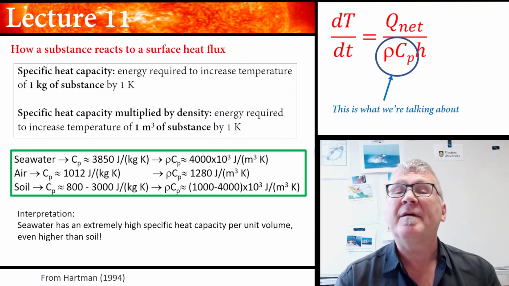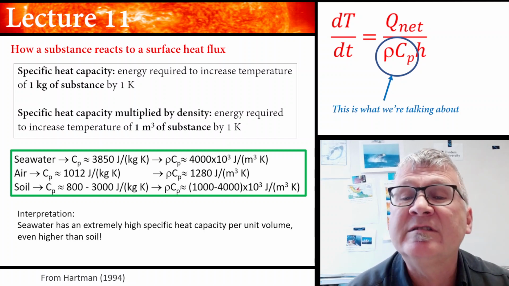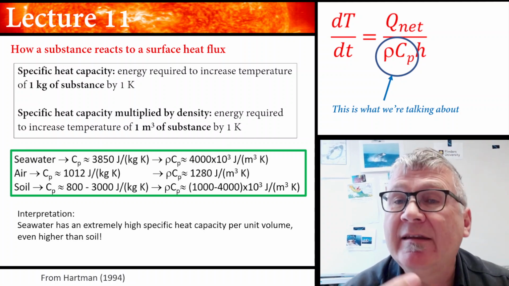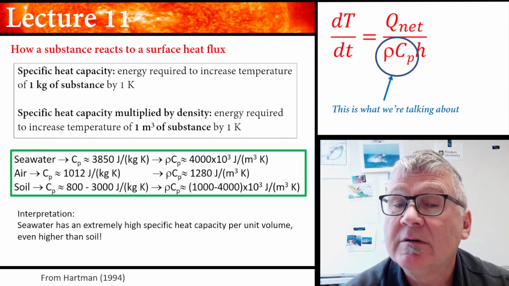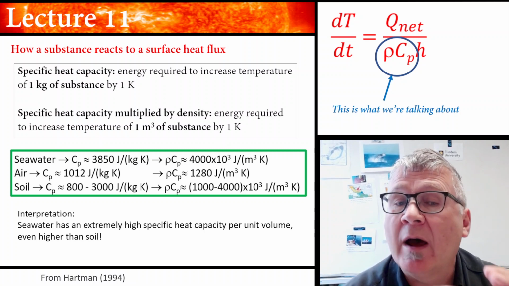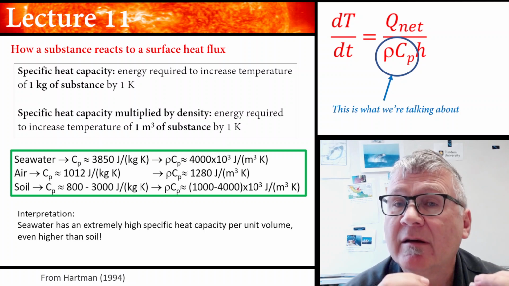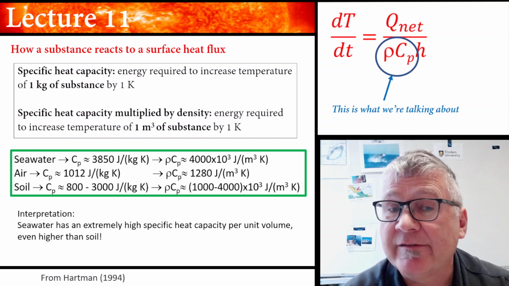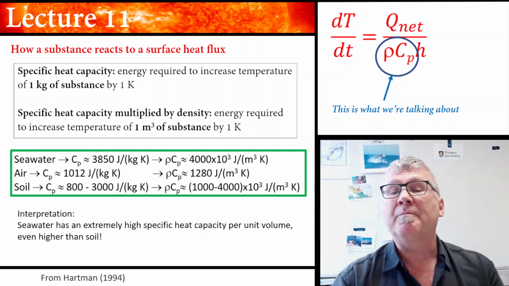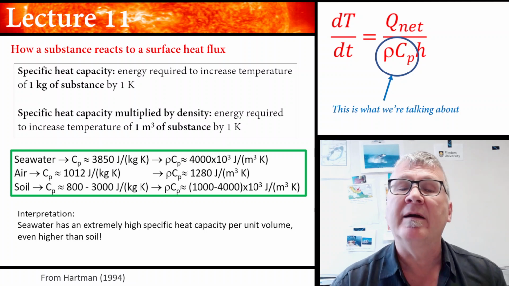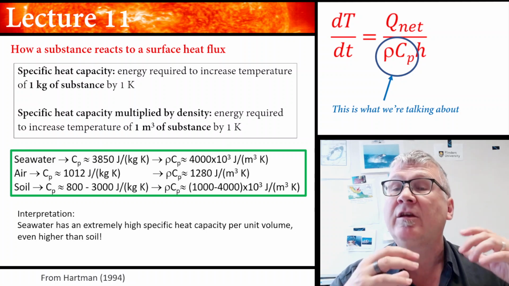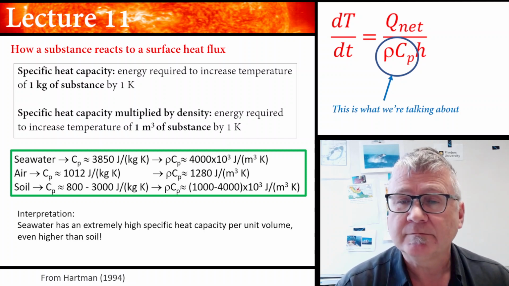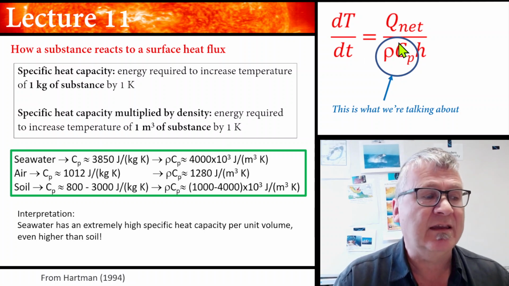The specific heat capacity is the energy required to increase the temperature of 1 kilogram of your substance by 1 degree Kelvin, which is the same as 1 degree Celsius. If you multiply that by density, you get the energy required to increase the temperature of 1 cubic meter of substance per 1 Kelvin.